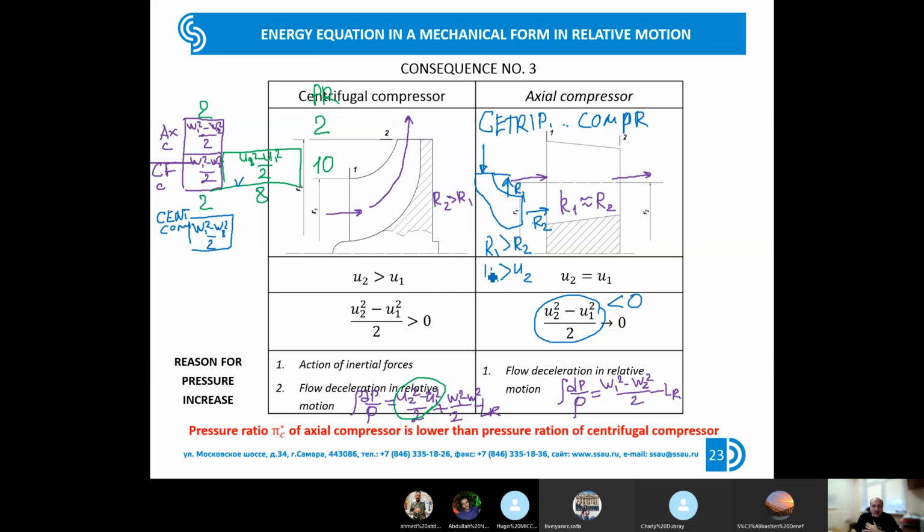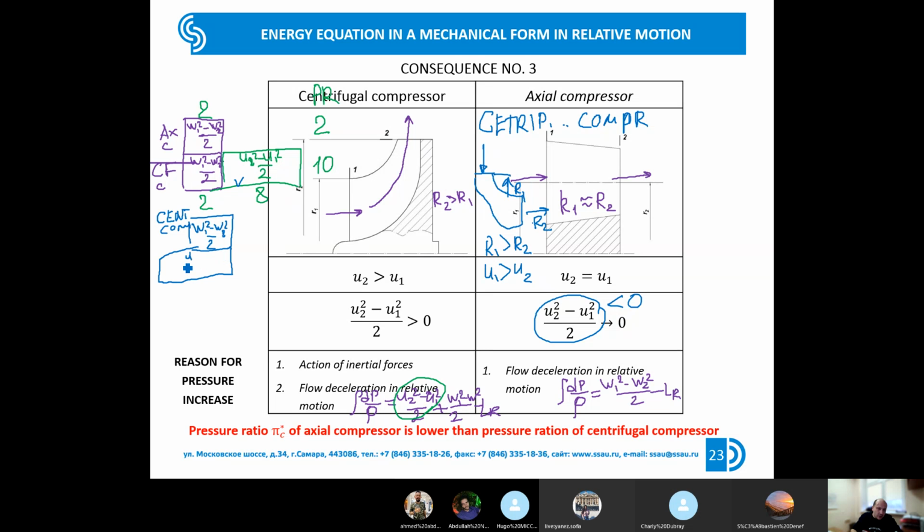But in the case of the centripetal compressor, this term will be negative. That's why we need to extract it from the energy which we are supplying for the compression.